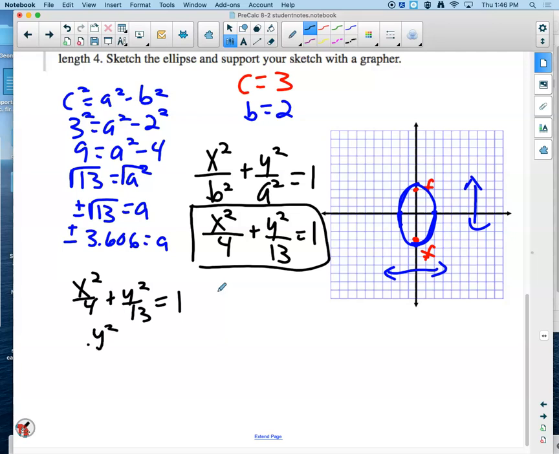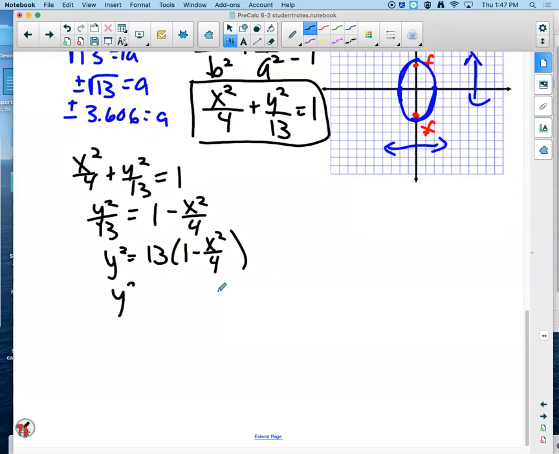So let's do y squared over 13 equals 1 minus x squared over 4. And then we could multiply both sides by 13, and we'll get y squared equals 13 minus 13x squared over 4.